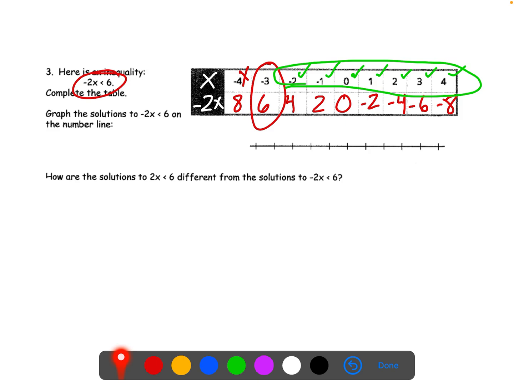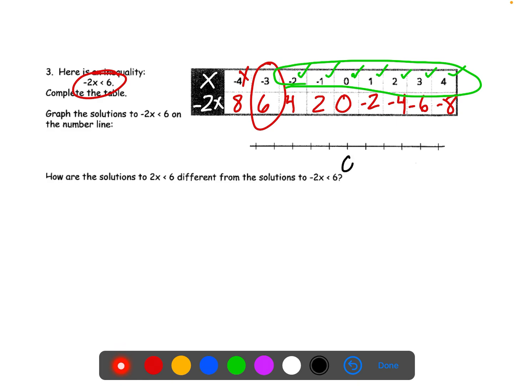Also, notice how when they're checking this, they're picking an equal number of negative and positive numbers, and that's really helping us see which direction we should be going on this graph. So we're going to start here with our x value of -3. Now, because it's not less than or equal to, we can't have this as an answer. So we're going to use an open circle again.